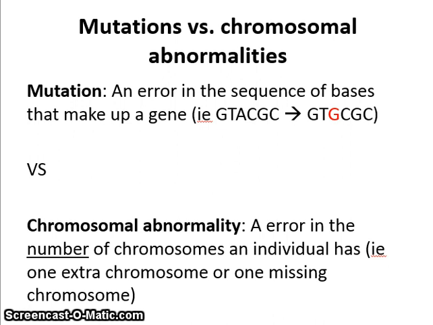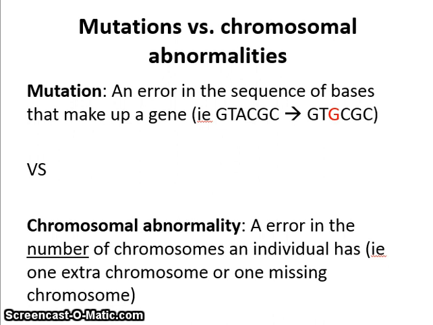The other possibility here is something called a chromosomal abnormality. This is where there's an error in the number of chromosomes that an individual has. So for example, normally when chromosomes get passed from parent to child, we receive 23 chromosomes from mum, 23 chromosomes from dad. What can happen is that by mistake, we might receive 23 chromosomes from mum, but receive 24 from dad.